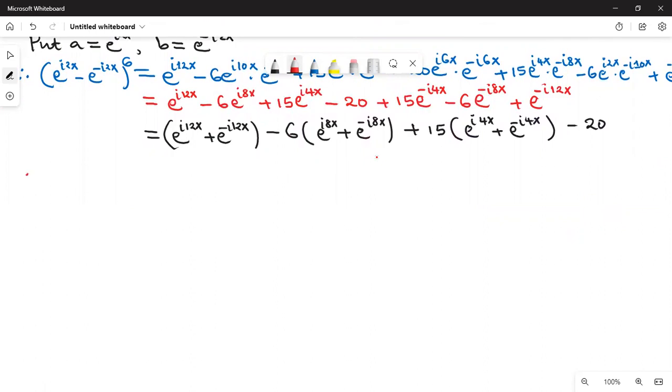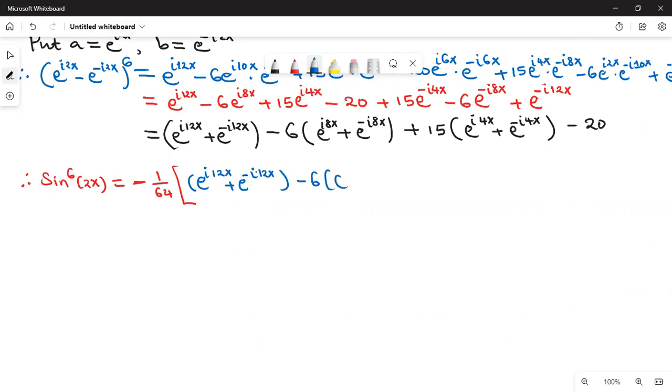You can now say therefore, sine raised to 6 of 2x can now be written as negative 1 over 64 times our expansion: exponential i12x plus exponential negative i12x minus 6 exponential i8x plus exponential negative i8x plus 15 exponential i4x plus exponential negative i4x minus 20.